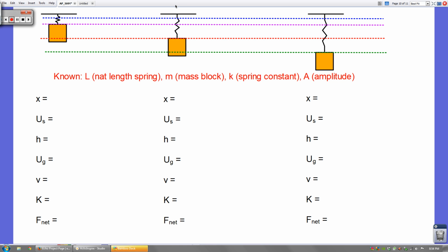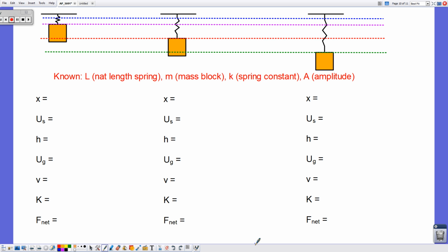Here's the hard part. Here's the part you're not going to like. Here we have a vertical block oscillator oscillating around its new equilibrium position. That's my equilibrium position.